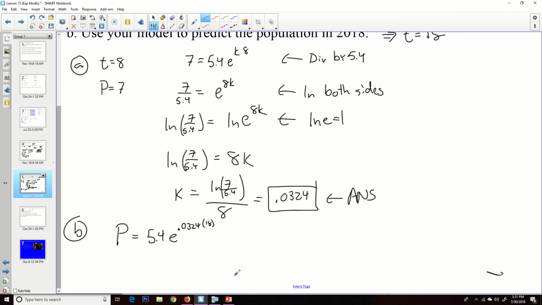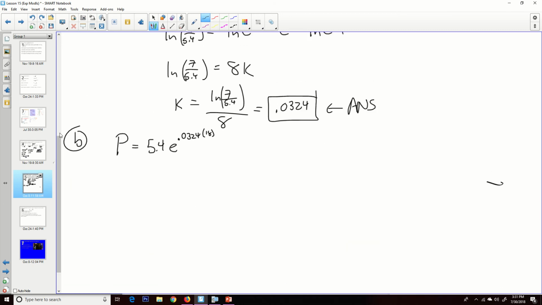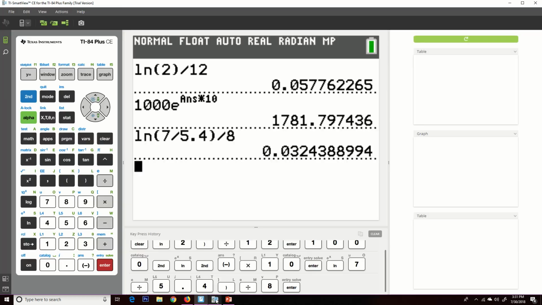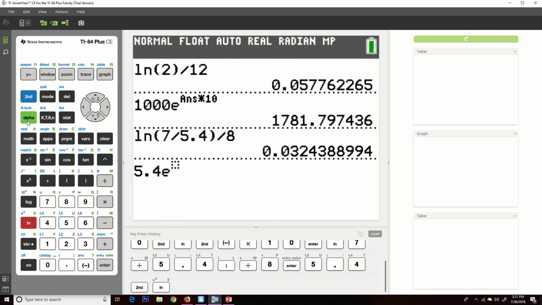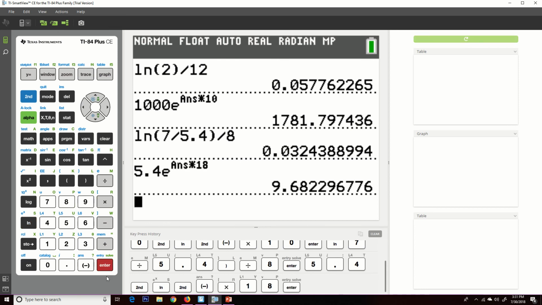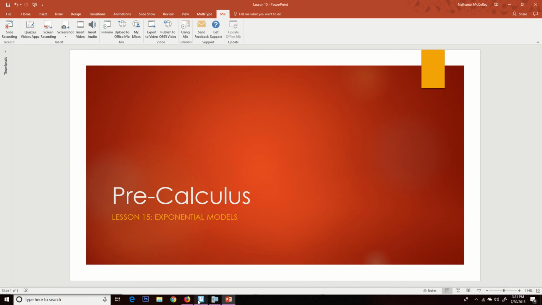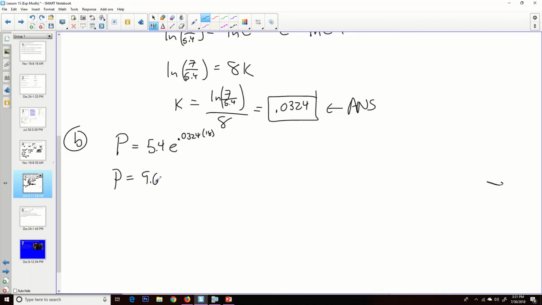And again, this is the good news, and you'll see this over and over in the practice work. They're going to ask you to do the modeling in the first one, and then a plug and chug question in the second one. So let's see here, 5.4 times e to the answer times 18, hit enter, and I get 9.682.